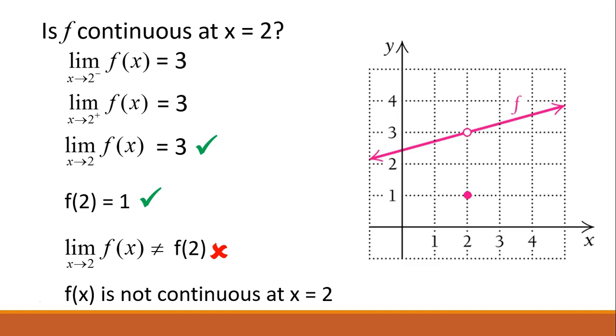But to use our definition of continuity, the first thing we would do is to see if we have a limit as x approaches 2, which we do because the limit from the left and the limit from the right are equal to each other. Then we would figure out what f of 2 is, and it exists, it equals 1. But since those two values aren't equal to each other, we can say that the function is not continuous at x equals 2.